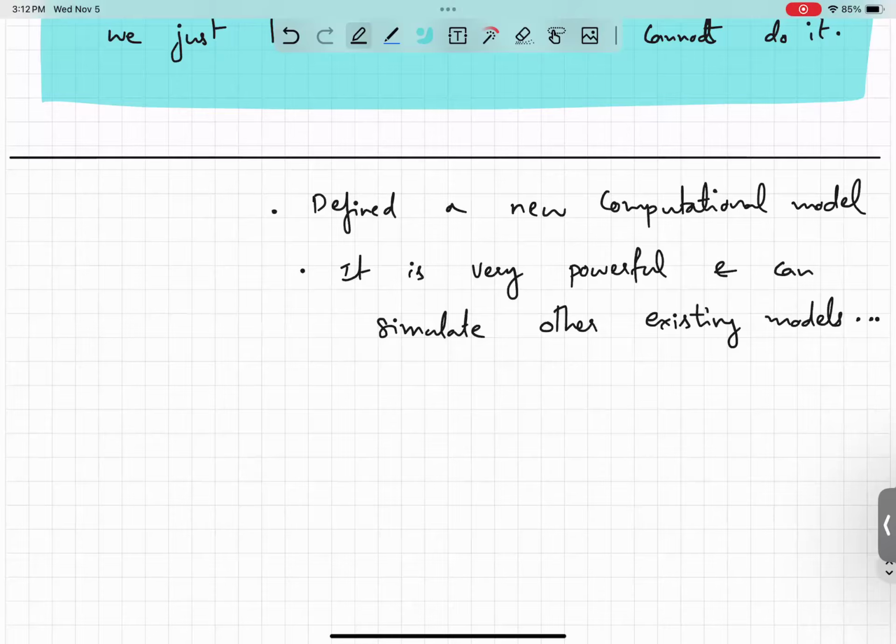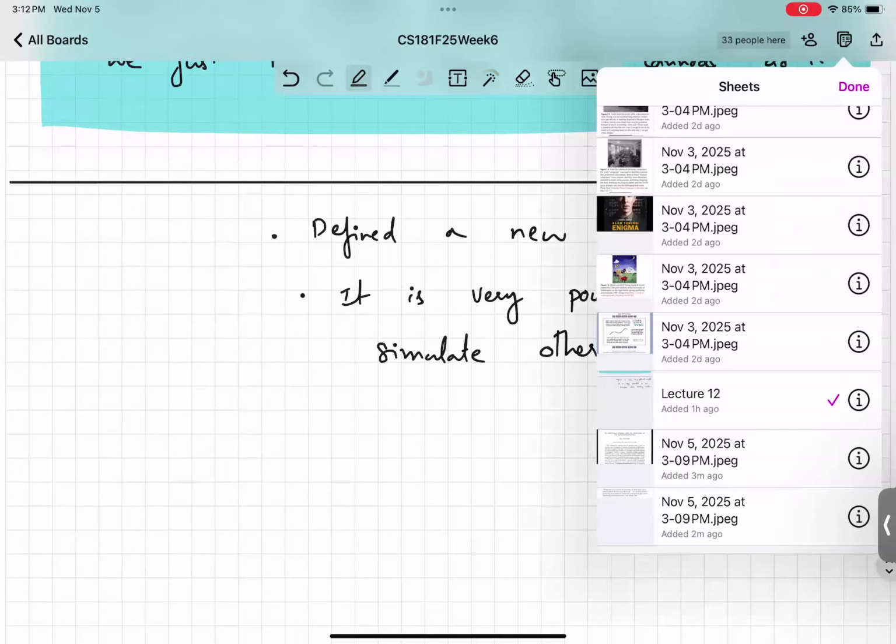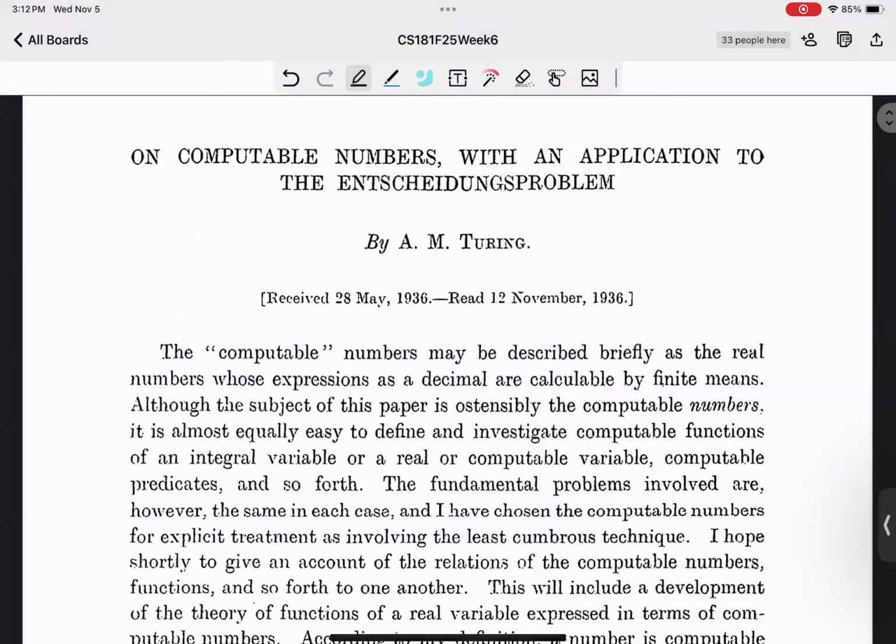So this is already a significant development, but Turing did not stop there. The paper which introduced this is from 12th November 1936, "On Computable Numbers, with an Application to the Entscheidungsproblem." Someone with better German pronunciation should say it.